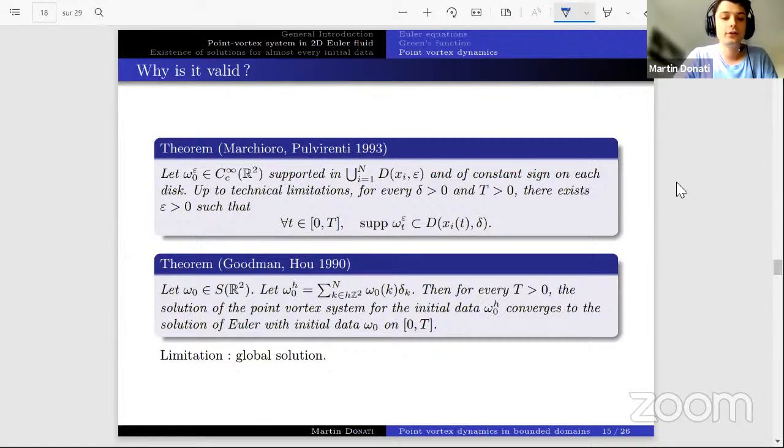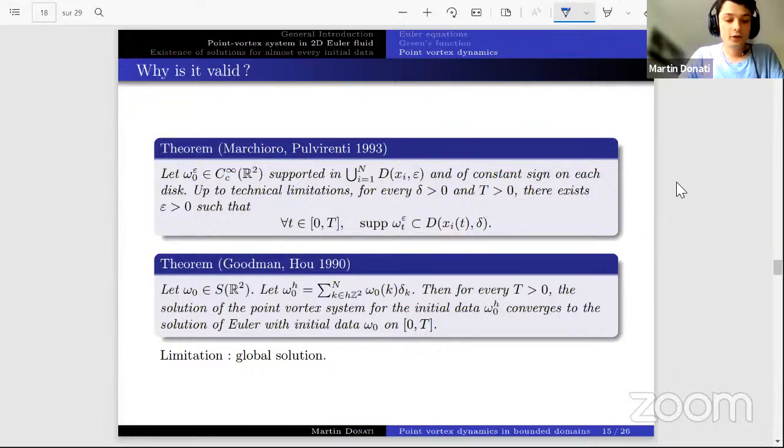The first one is the theorem of Marchioro and Pulvirenti in 1993, which states that if you start with smooth initial data that is supported in very small disks, which means it looks like a sum of Dirac masses but is smooth, then it remains, up to technical conditions, supported in small disks that are moving, where the centers of the disks are moving according to the point vortex dynamics, at least for a finite time.